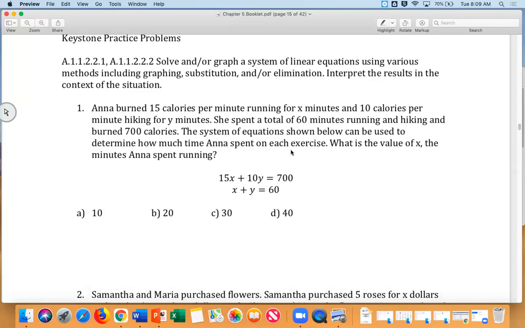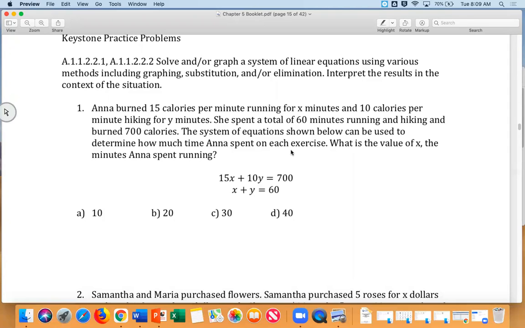All right, so I'm going to read the problem, and then I want you guys to figure out what it's asking. So it says Anna burned 15 calories per minute running for X minutes and 10 calories per minute hiking for Y minutes. She spent a total of 60 minutes running and hiking and burned 700 calories.